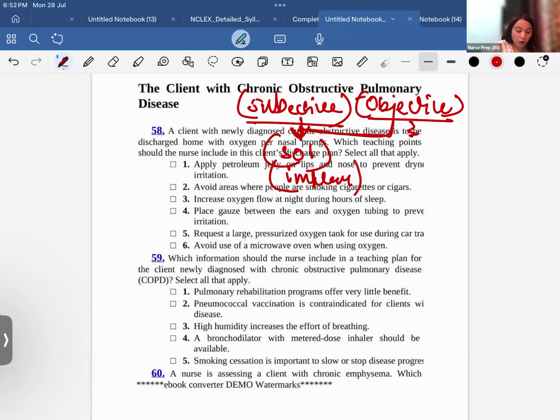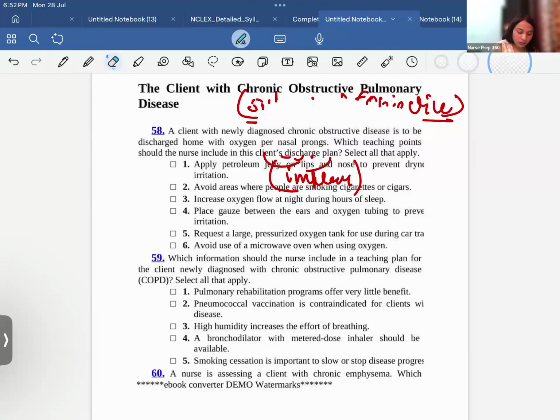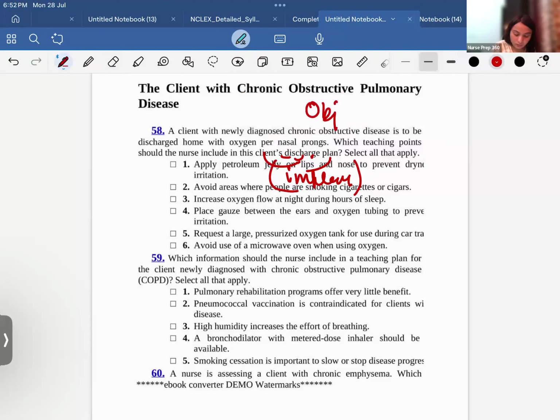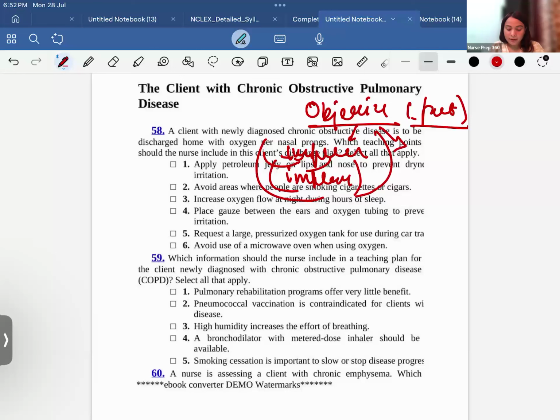If the data is in objective form, meaning factual data, the data that you have assessed, then you have to always look for some kind of implementation. For example, a subjective can be your diagnosis, anything which is clearly and straightforwardly mentioned in your question.